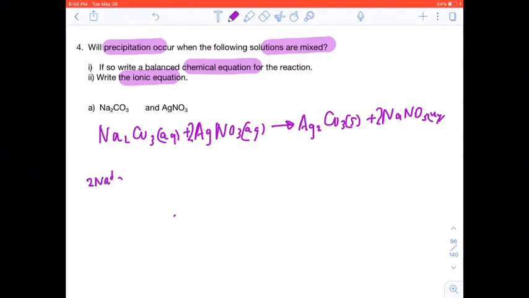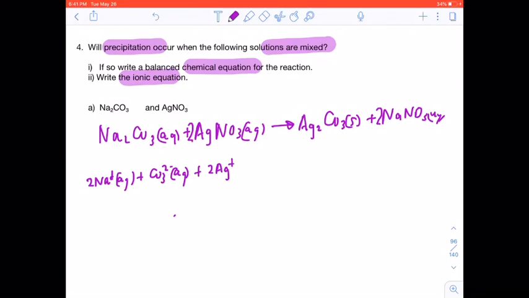And if you want the ionic equation, it would be 2Na+ plus CO3 2- aqueous plus 2Ag+ plus 2NO3-, and that gives us Ag2CO3 solid.